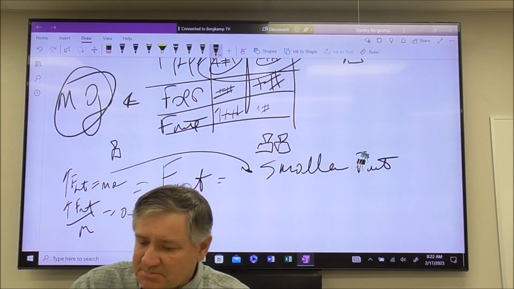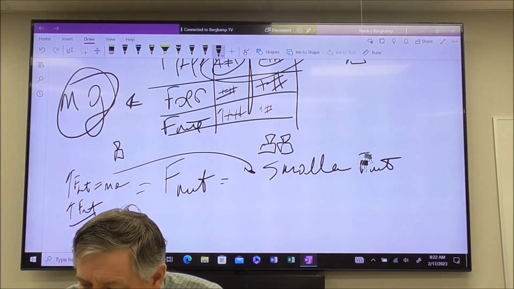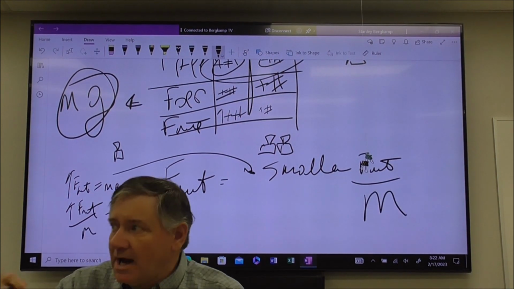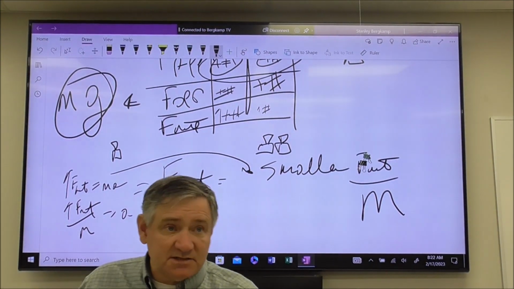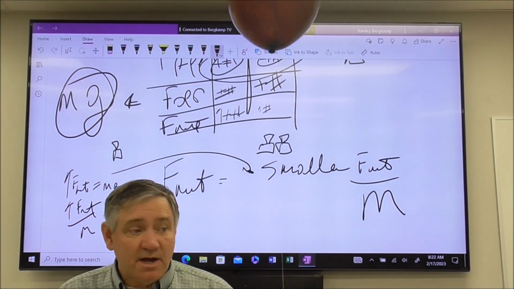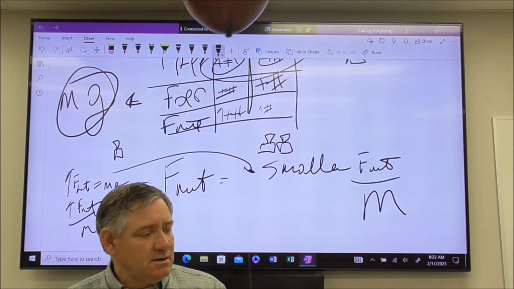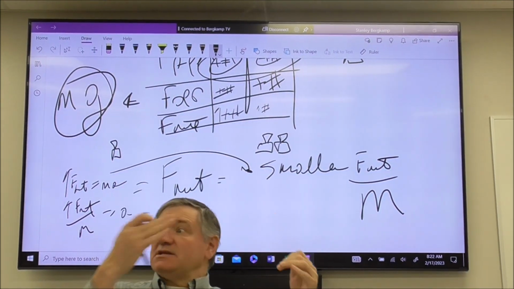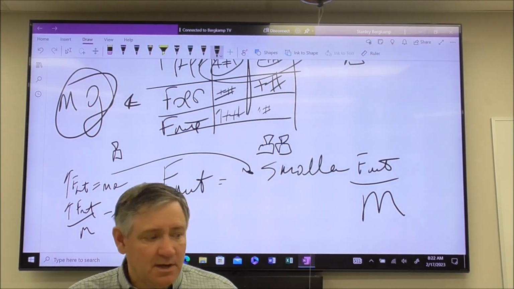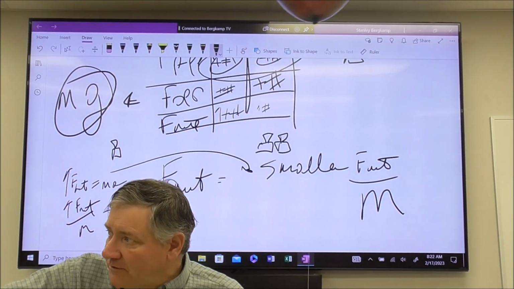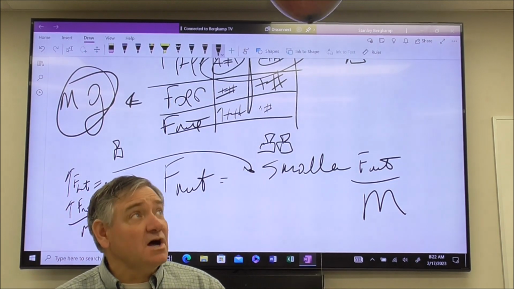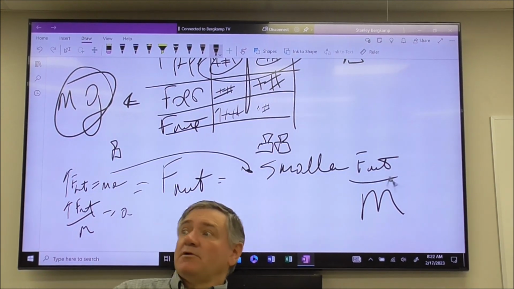Not only do I have a smaller net force, but now I'm going to divide by a bigger mass, because now I have more stuff to move. Now I have to lift two binder clips. The first one was just one binder clip, I didn't have as much stuff. Now I have more stuff to move, but I have a smaller net force.